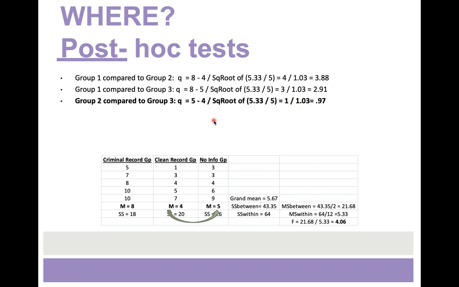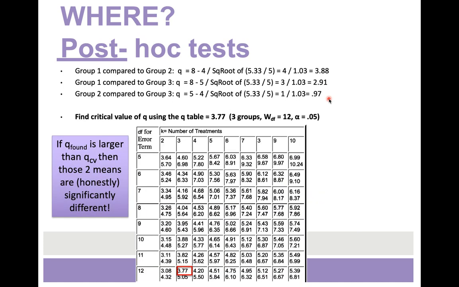Okay, so we have our Q values, which we've calculated. Now we need to make a decision about which of these Q values are significant. For that, you guessed it, we need a Q table, which will be provided on iCollege.